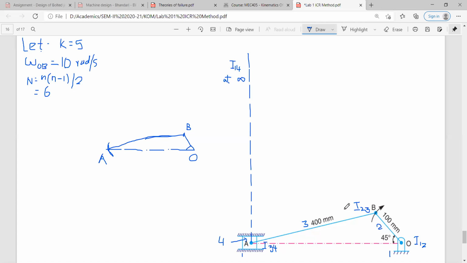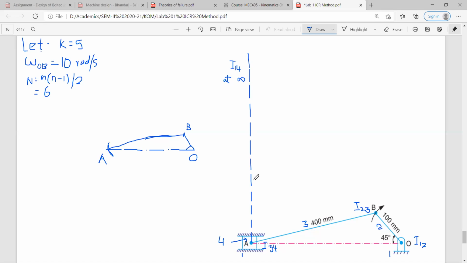So see now, next what you will do: you know that in any mechanism, on any particular line, there should be 3 ICRs. So you check each and every line. How many lines are there? This is one line OB, then line AB is there, and this line also you have drawn.